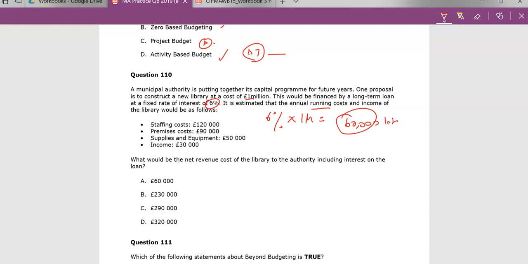So we have an interest cost here, and we have all these other costs, and we have this income. Typically, with these sort of authorities, the aim is not to be profitable, but this is what I refer to as net revenue cost. So really what are we saying? Add all the costs together.